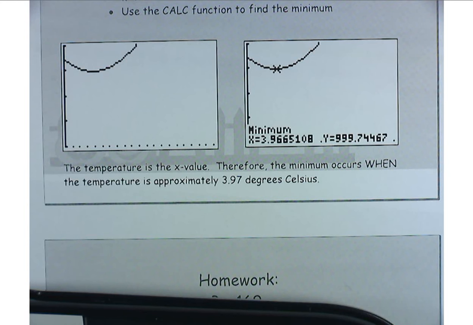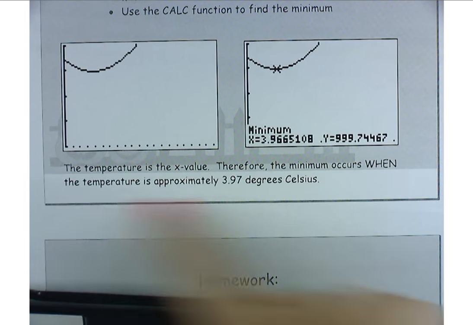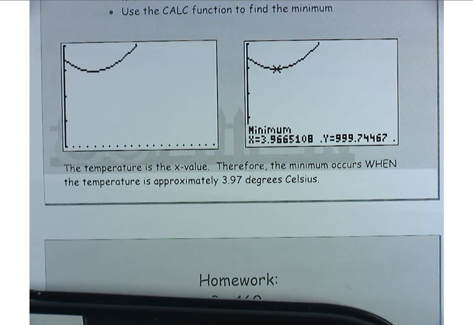If it asks you for the minimum, then that would be the volume, 999.74, measured in cubic centimeters. Okay, so the minimum occurs when the temperature is approximately 3.97 degrees Celsius. So that would be your solution.